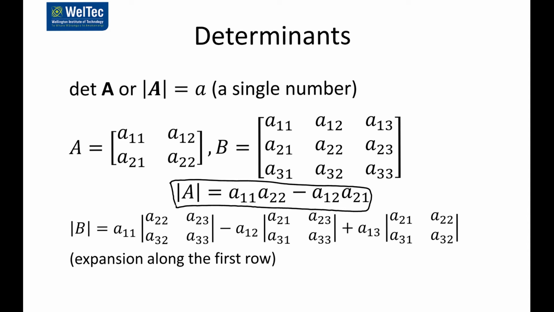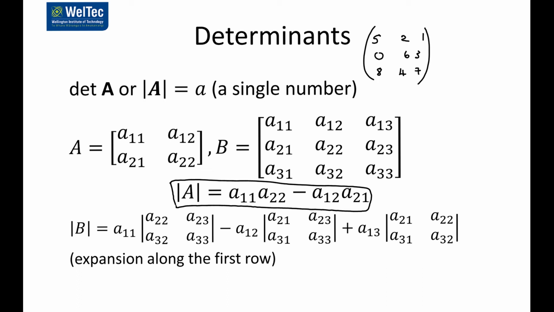So if we've got a matrix [5, 2, 1; 0, 6, 3; 8, 4, 7], then no matter which row we do, we're going to get the same. So let's do it along maybe the first row.